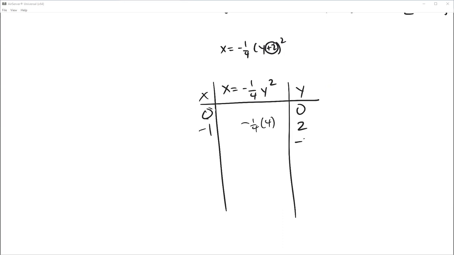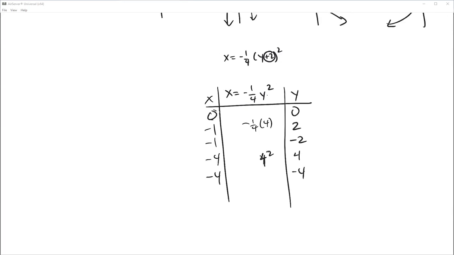If I do negative 2, that's also negative 1. Let's go 4 squared. 4 squared is 16, 16 divided by 4 is 4, so x is negative 4, and it's negative 4 as well for negative 4.